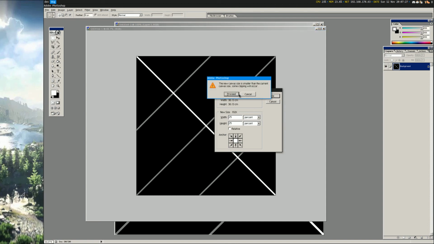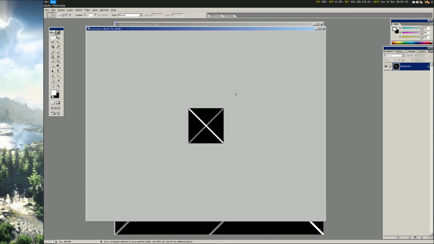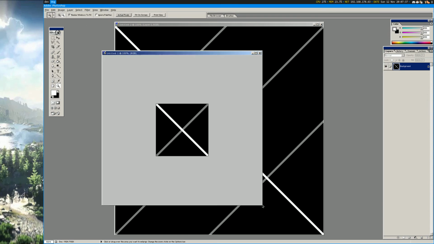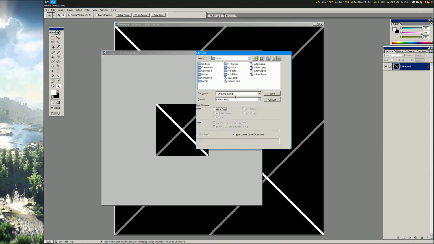So yeah, that'll be how many pixels? Whatever, doesn't really matter. So that'll be the innermost one.